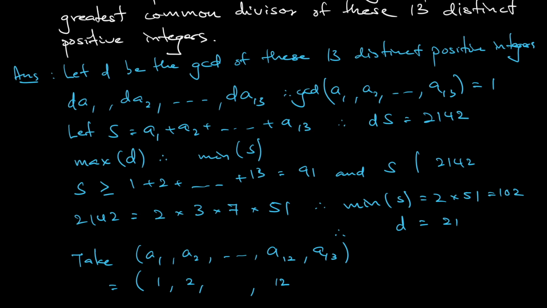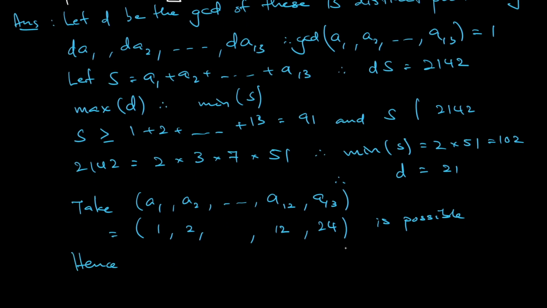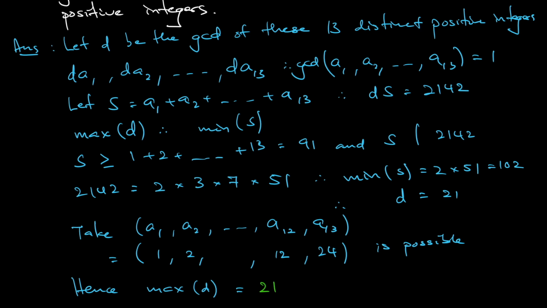Because you need the sum to be 102, that makes A13 to be 24. So 1 plus all the way until 12 plus 24 is 102. So this is possible. Hence the maximum of the GCD can be taken to be 21, because S being at its minimum of 102 is actually possible.